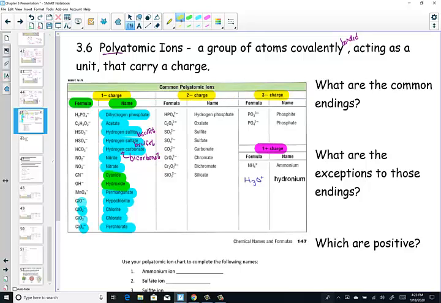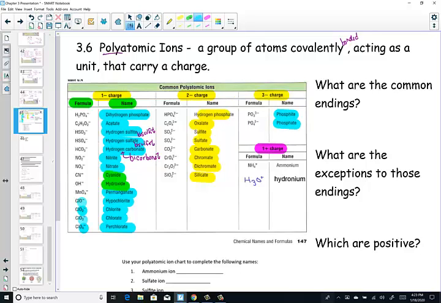We move over then to the -2s, and I hear hydrogen phosphate, oxalate, sulfite, sulfate, carbonate, chromate, dichromate, silicate. And then over here again, phosphite, phosphate.